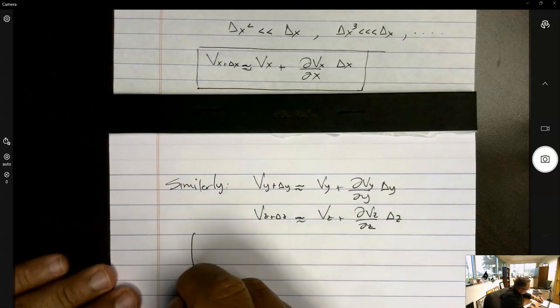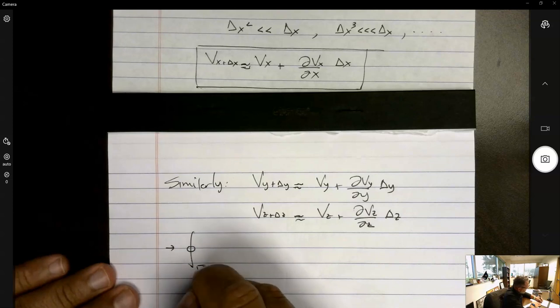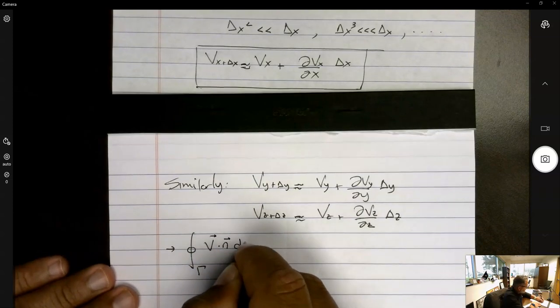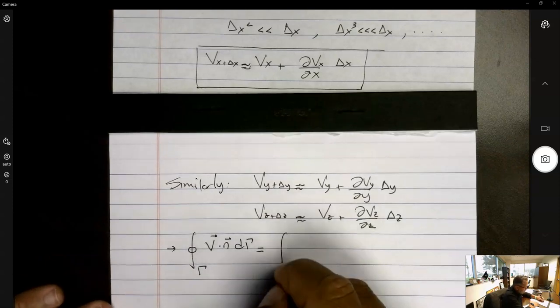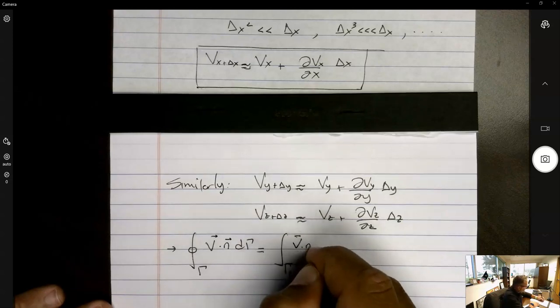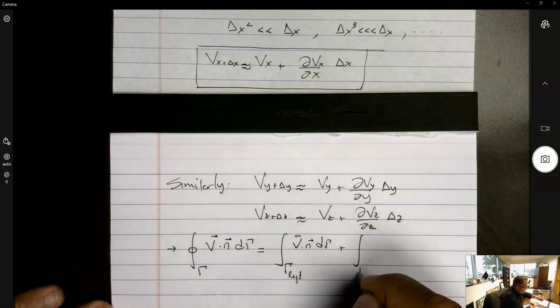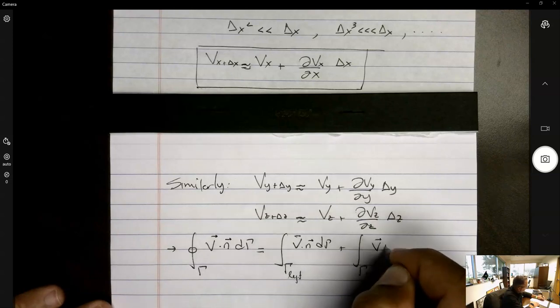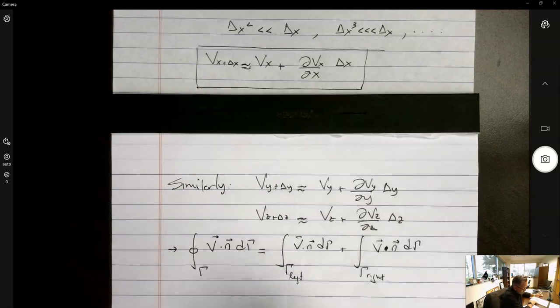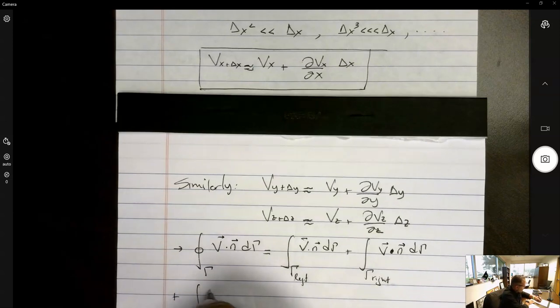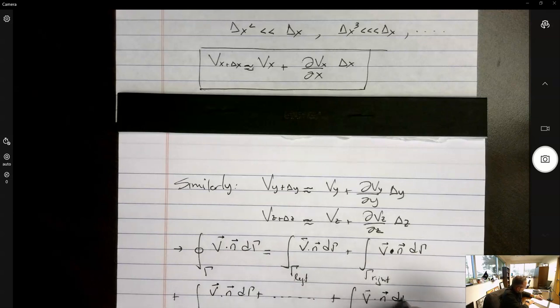So the integral over the entire surface of v dot n d gamma should be equal to the integral on the left wall of v dot n d gamma plus the integral over the right wall of v dot n d gamma plus the integral over the bottom wall of v dot n d gamma, plus there are 6 of these, the integral over the back wall of v dot n d gamma.